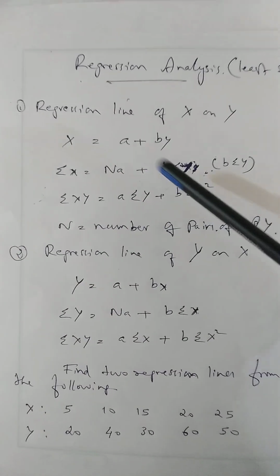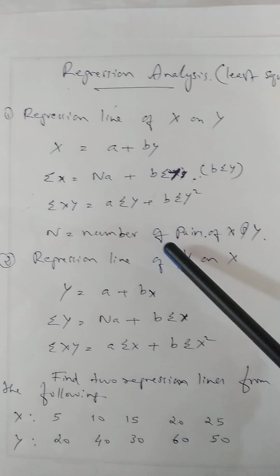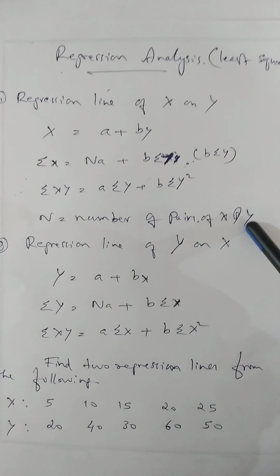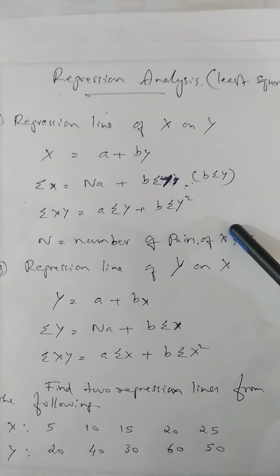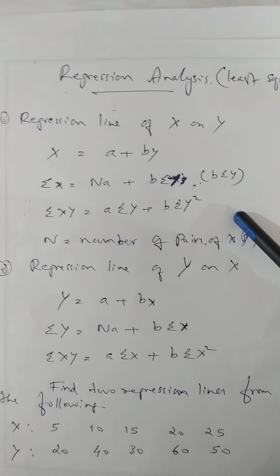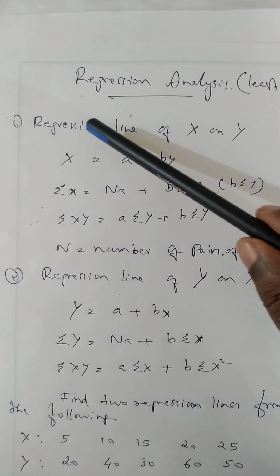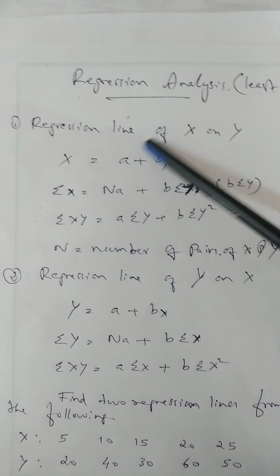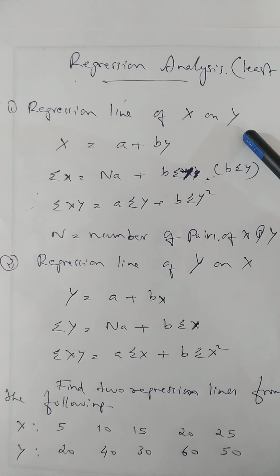Here n is equal to the number of pairs of x and y. I will make it clear at the time of solving a question. So these are the equations for the regression line of x on y.